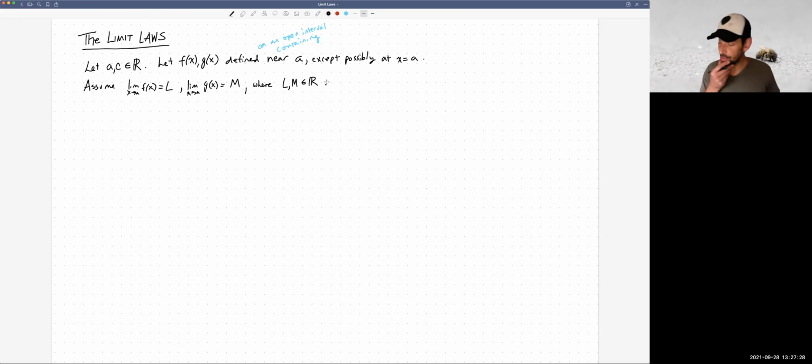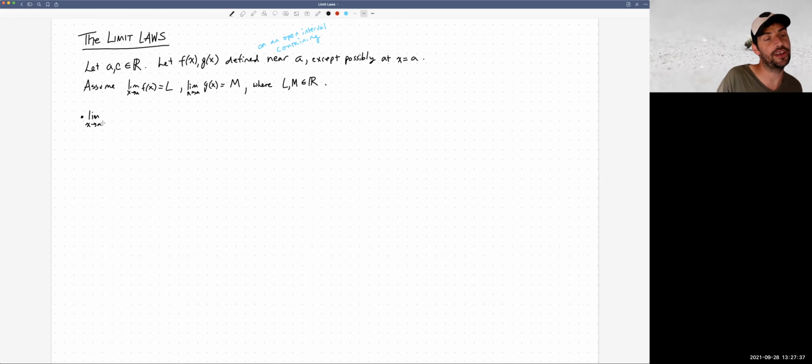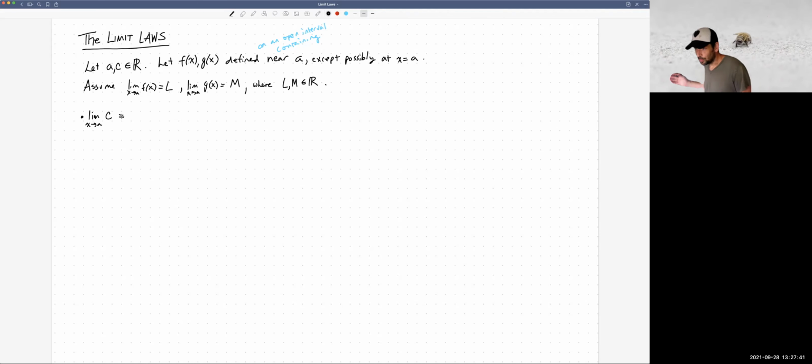So let's start with some pretty straightforward limits. Suppose I take the limit as x goes to A of the number C. Remember, when we take the limit of a function, we're saying the function gets closer and closer to this value if I choose x closer and closer to this other value.